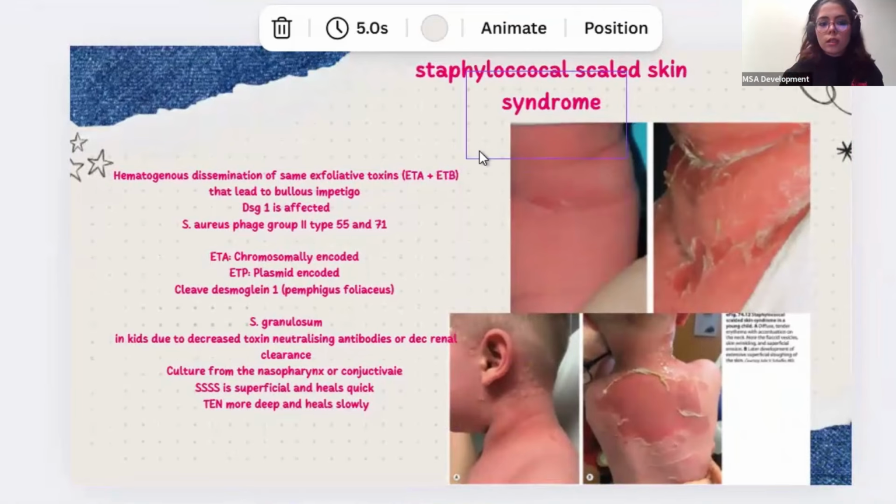You just make sure they're fine, okay? The kids specifically. Toxic epidermal necrolysis, like we talked about before, that one is deeper and it heals more slowly. If they're going to ask about this, they're just going to say, "Oh, and he had a staphylococcal infection."